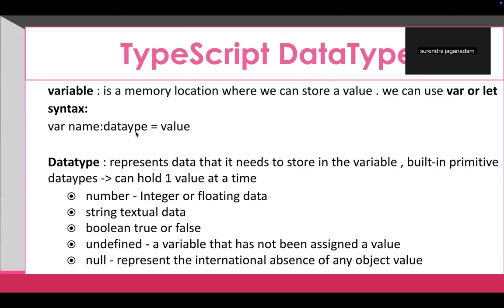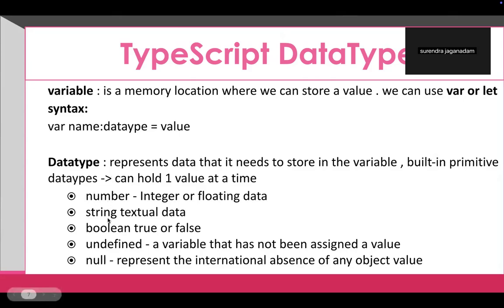Perfectly all right. So what I'm going to do right now is move on to this particular data type definition. This data type specifies what type of data that particular variable needs to store, and primitive data type means it stores one value at a time.